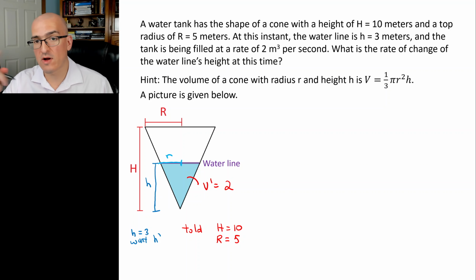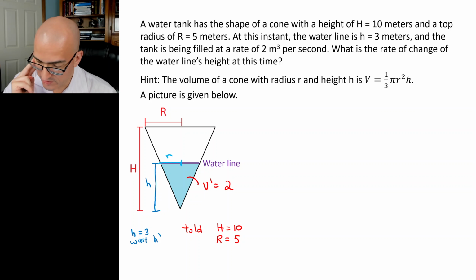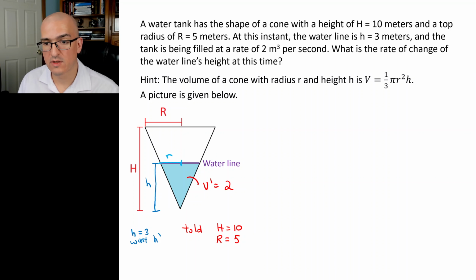So I'm going to go back to the model that we're told, the volume of a cone with radius little r and height little h. V is 1/3 pi r squared h. And think about what we would do if we have v prime and wanted to find h prime. We need to know something about little r, which we don't know.